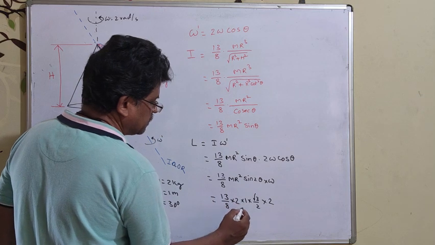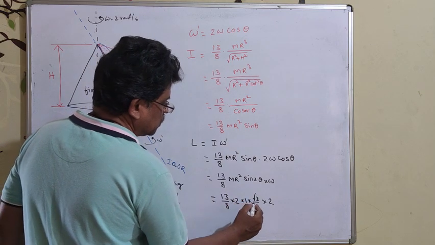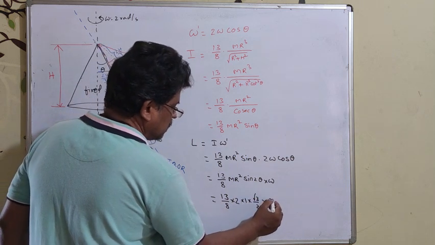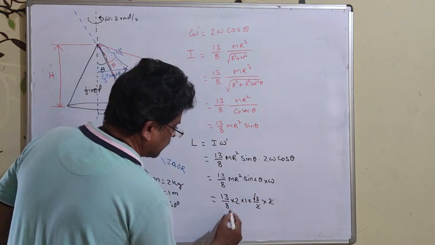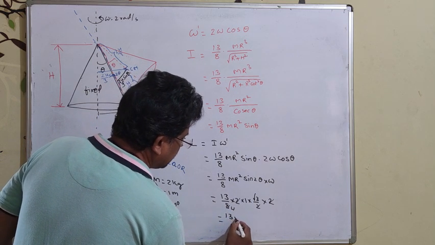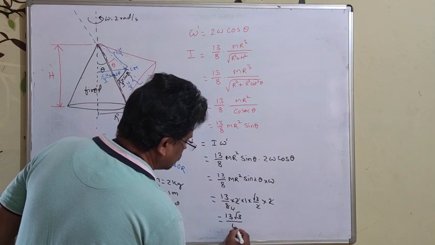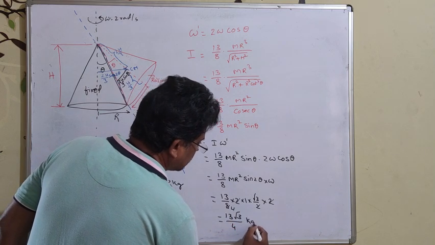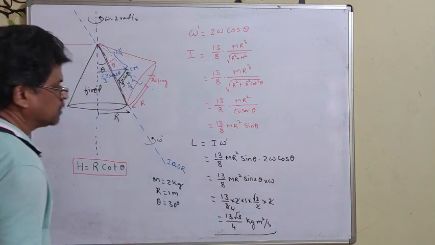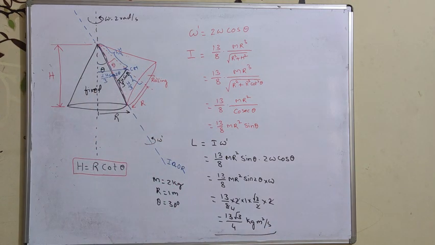So 13 by 8 into 2 into sin 60, which is root 3 by 2. If I take these values, what will I get? This cancels here 4 times. Then I will get 13 root 3 divided by 4 kilogram meter square per second. This is the angular momentum of the cone about the instantaneous axis.